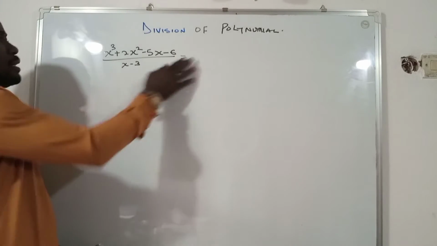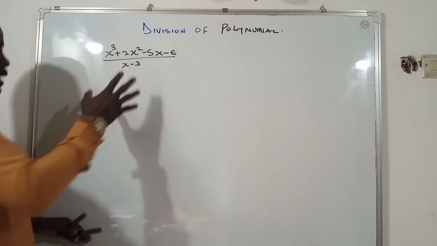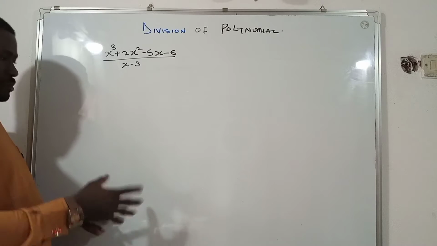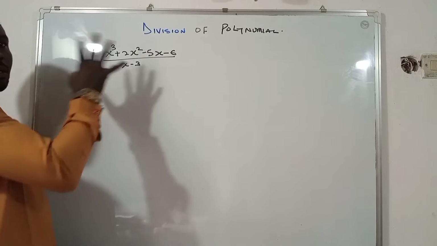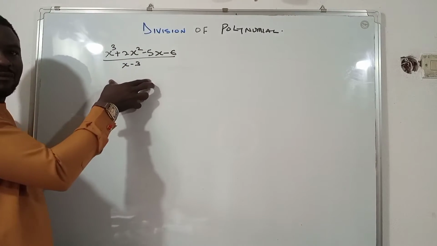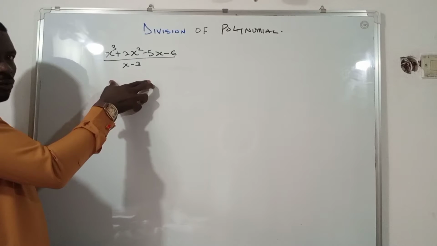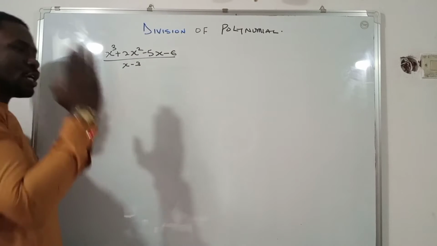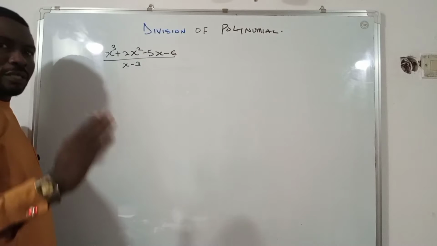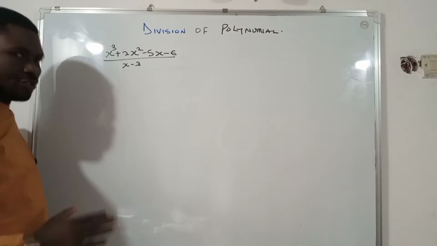Okay, let's quickly take an example. Suppose the question is to divide this. The division is similar to when you're dividing 5 all over 3.